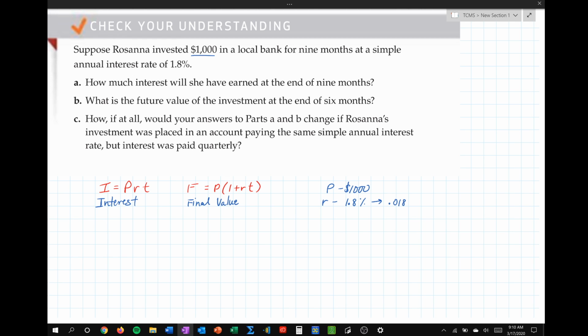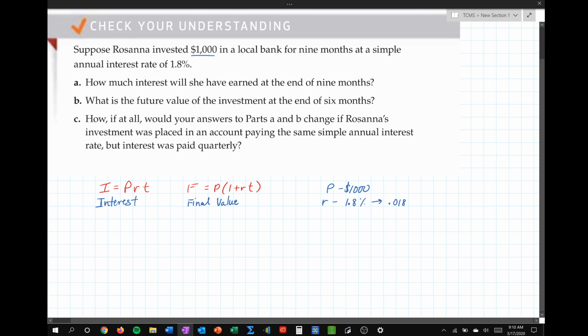Then we have two different questions, each with a different amount of time. Part A asks how much interest you will have earned at the end of 9 months, and part B asks for the value of the investment at the end of 6 months. So one is for interest, and the other is for a future value.